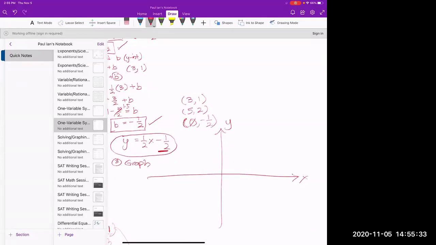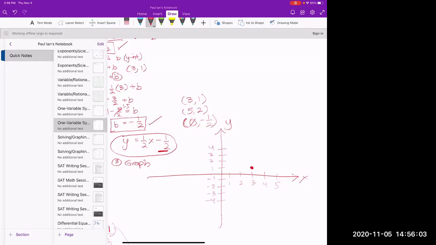All you have to do is plot them. So let's see what we should have. 1, 2, 3, 4, 5. And 1, 2, 3, 4. 1, 2, 3, 4. -1, -2, -3, -4. 1, 2, 3, 4. All right, first one, 3x and 1y.